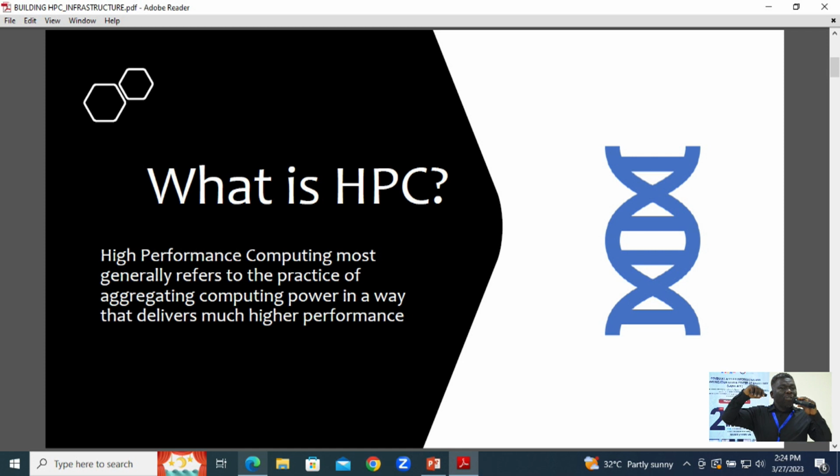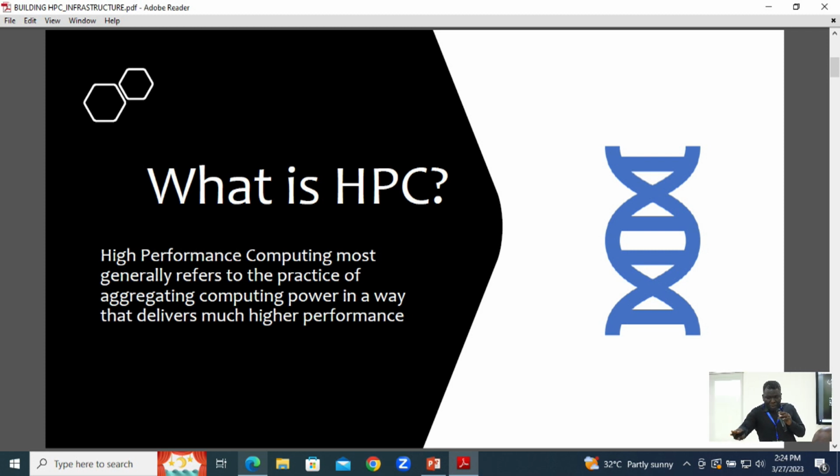Aggregating those resources together for you to carry out your computation, that is what we refer to as high performance computing, because you are now able to perform tasks that an ordinary computer or ordinary server wouldn't be able to achieve. Then you're able to gain time in your processing. So do we all understand what high performance computing is now? Do we all have an understanding? Like, for example, I have this machine here. This is a laptop. This is another laptop.